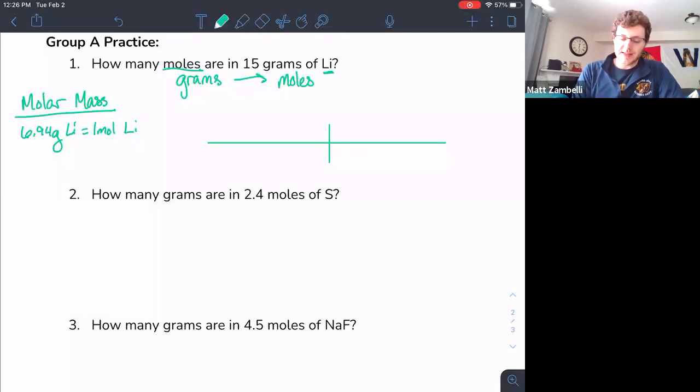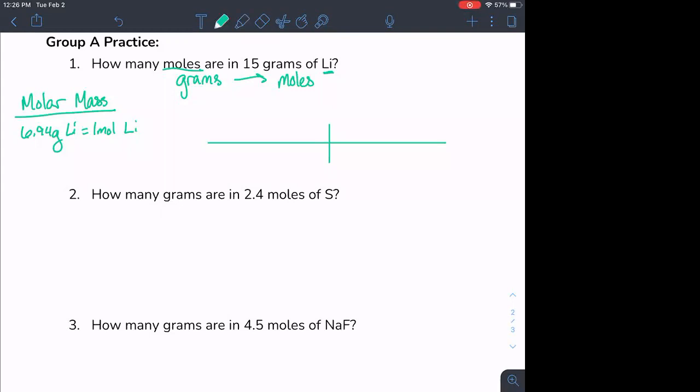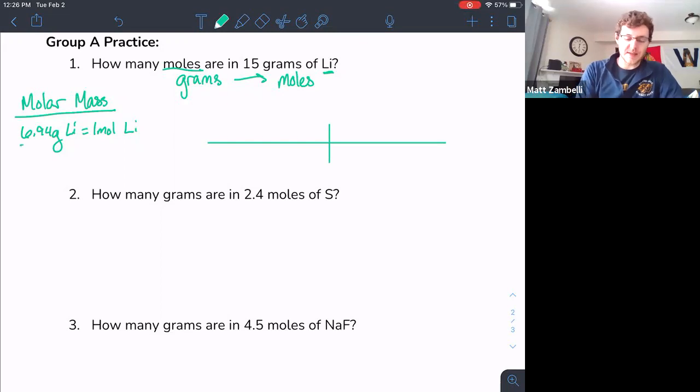So what do we put in this top left right here? What should I put there? Given. All right, I like the given. Careful, it's not going to be this 6.94 grams. What is our given? What's the given from the problem? Not the mole, that's what we're trying to get to.